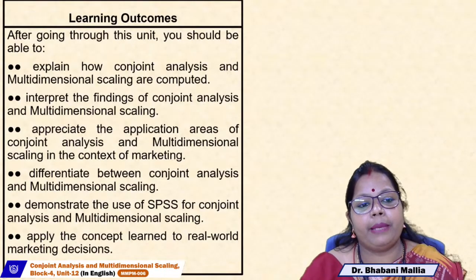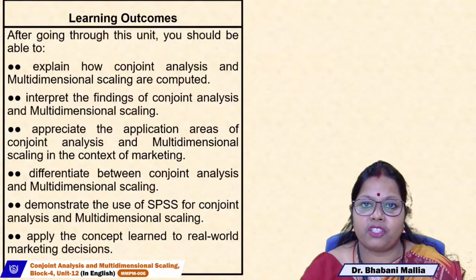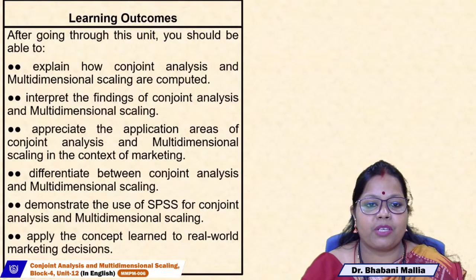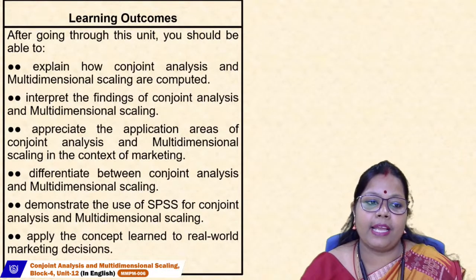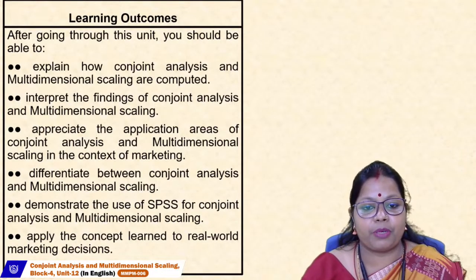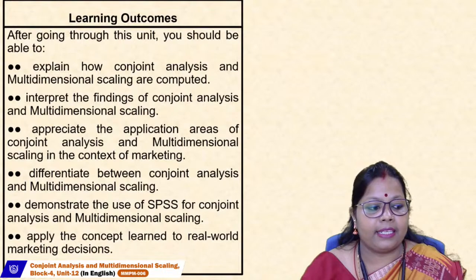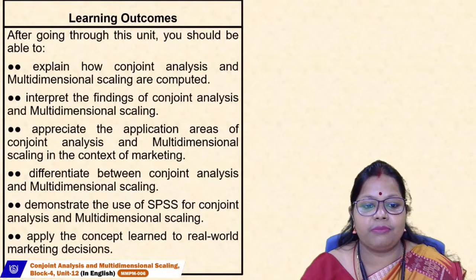We will also be able to interpret the findings of conjoint analysis and multidimensional scaling. At the end, we will appreciate the application areas of both in the context of marketing research, and focus on the differentiation between conjoint analysis and multidimensional scaling.